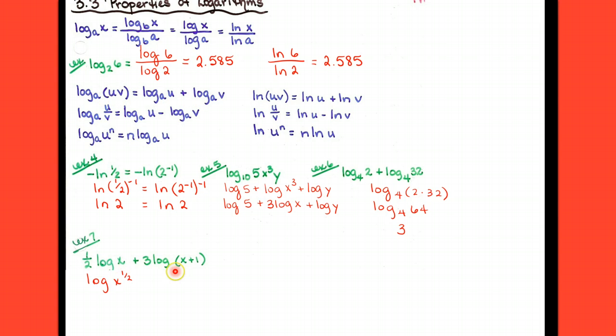Before I combine these by multiplying, we've simplified this one. Is there a way to simplify this one? Okay, let's make the 3 an exponent to get it out of the way. And then absolutely we could combine them by multiplying as you mentioned. And you could leave this as x to the 1/2, or you could write it as square root of x, either one.